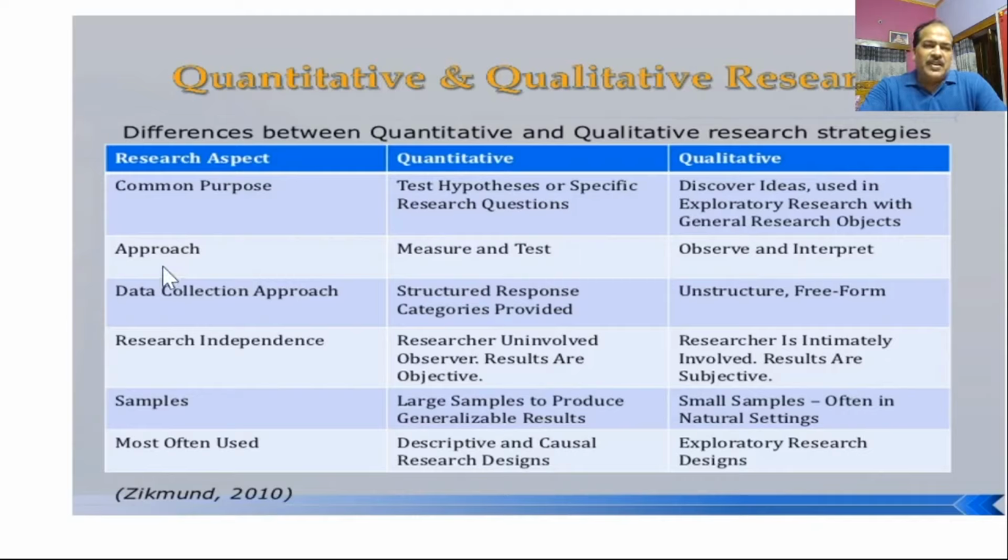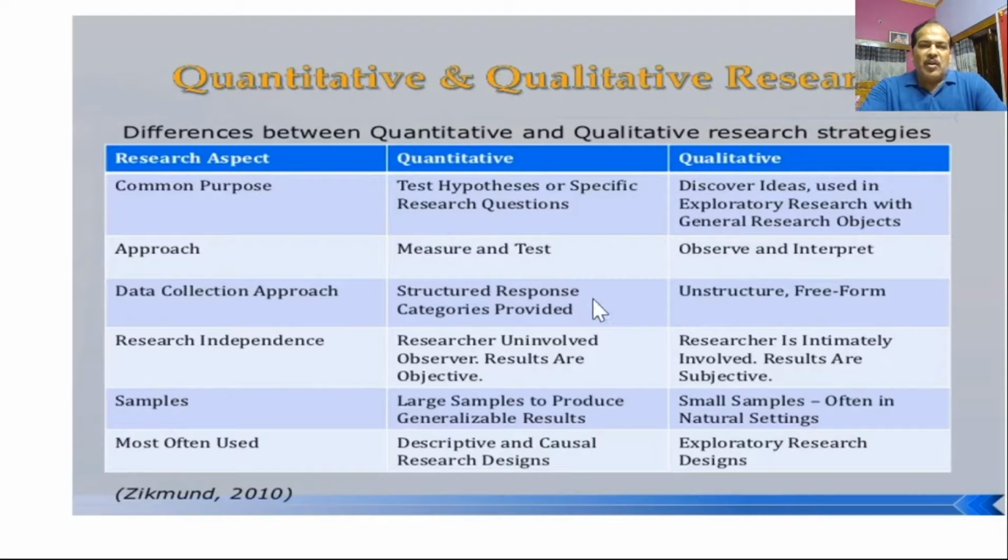If we look at the differences from the perspective of approach, here the focus is on measure and test, while in qualitative research, the focus is on observe and interpret. Again, from the point of view of data collection, here the focus is on structured response categories provided.